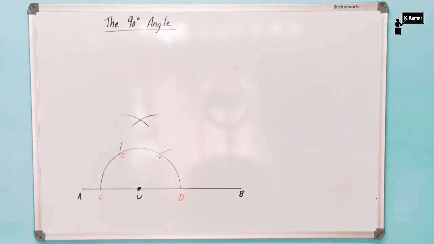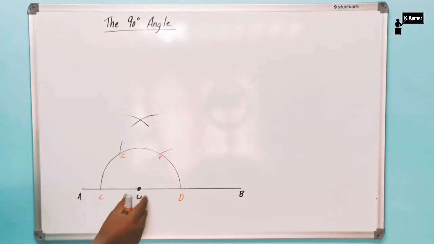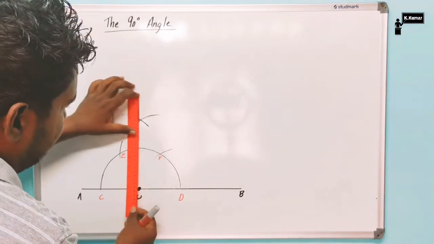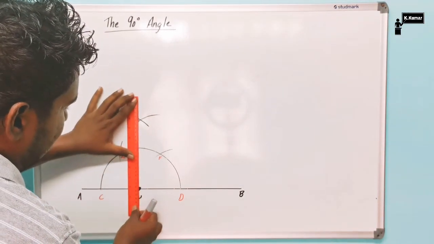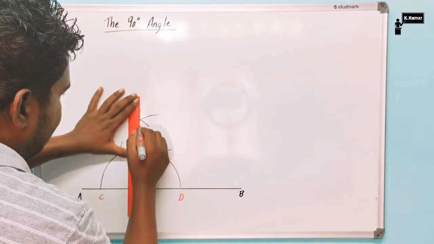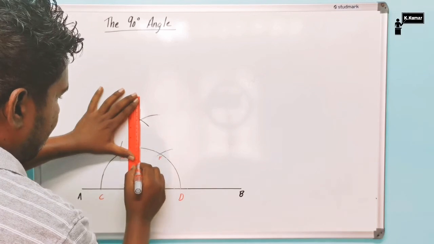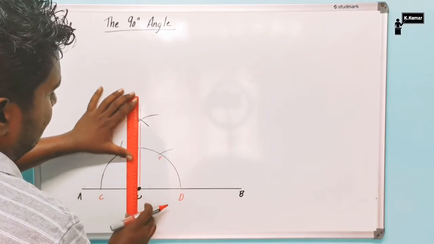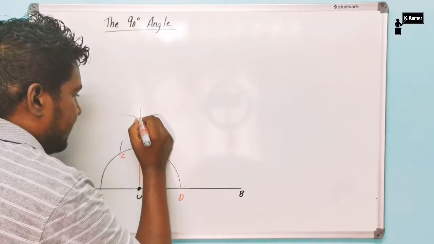Now, the point where those two arcs intersect, and the center here, which we call O, what we have to do is to connect a straight line coming from the intersection to O. And when we draw a straight line coming down to O, let me just connect them.